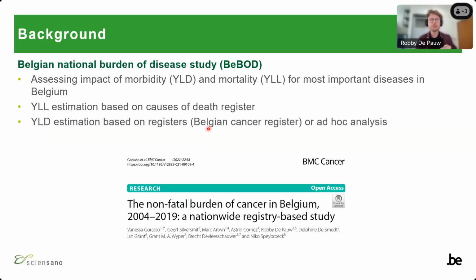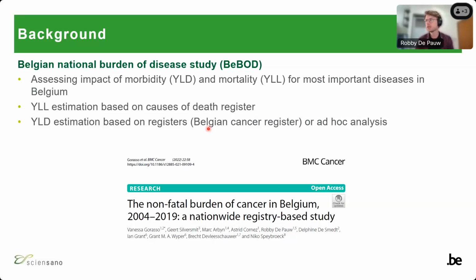As I explained already before, the estimates that I show today are actually estimates within the Belgian National Burden of Disease study, in short BoD. The idea is, of course, that we try to assess the impact of morbidity, expressed as years lived with disability or YLDs, and the mortality, years of life lost, for the most important diseases in Belgium.